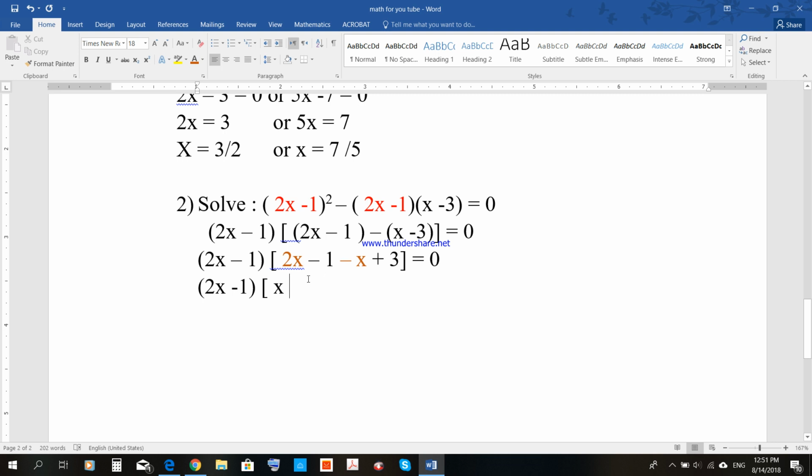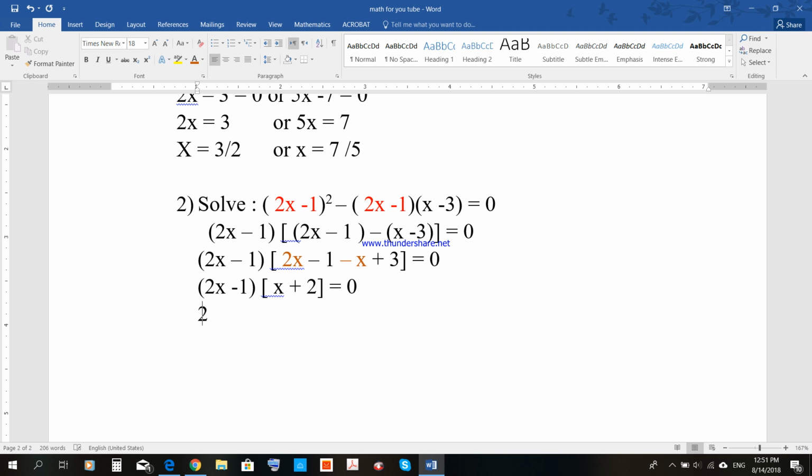It becomes x, and minus 1 plus 3, the answer will be plus 2. Equal to 0. After that, take each parenthesis alone equal to 0 and put between them the word "or".